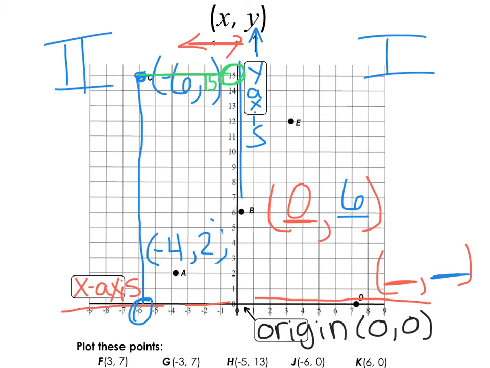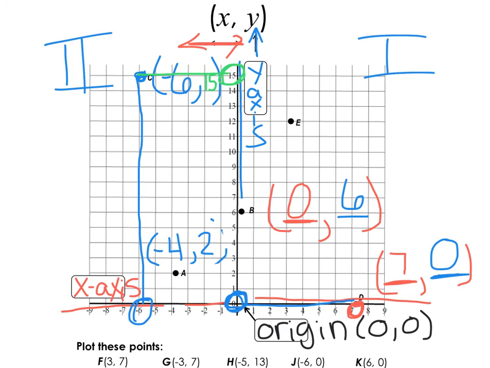And we see that my x number line for D is showing 7. So we would put a 7 in the x. And for the y, if I go over to the y, it's showing 0. So 0 for the y. So my ordered pair for D would be 7, 0.